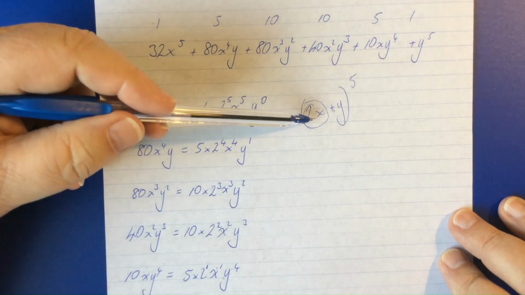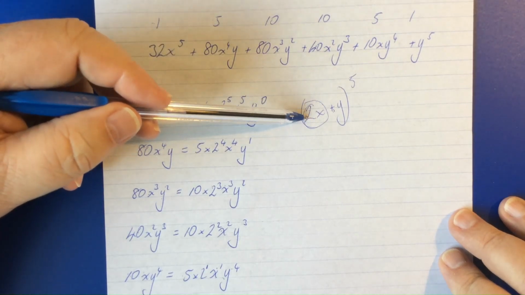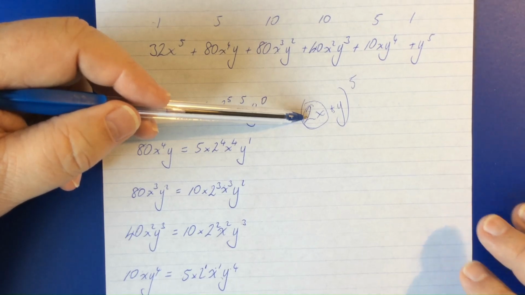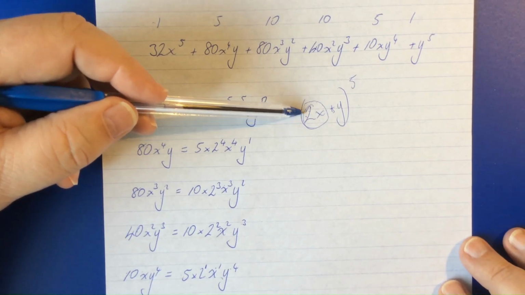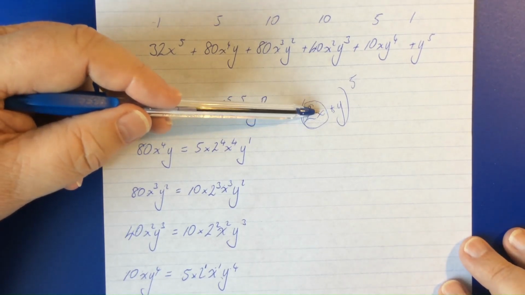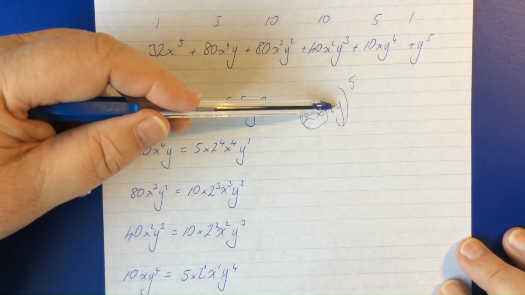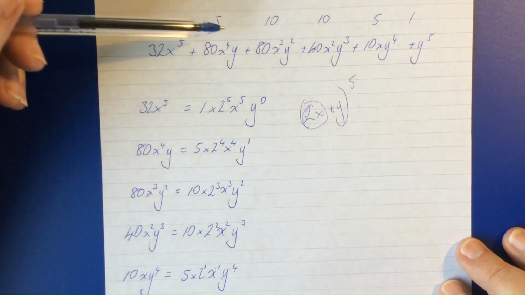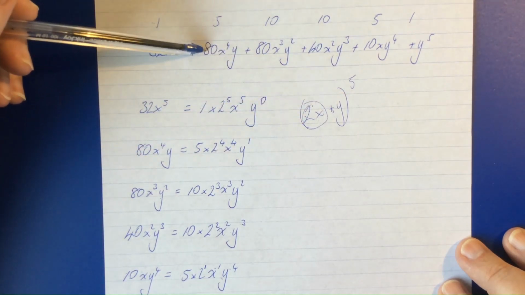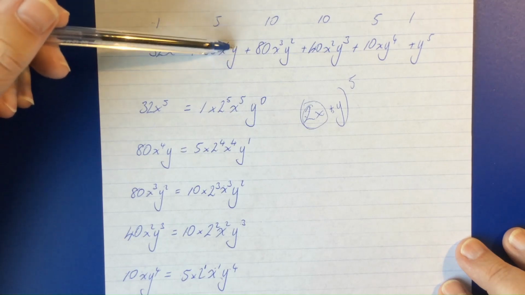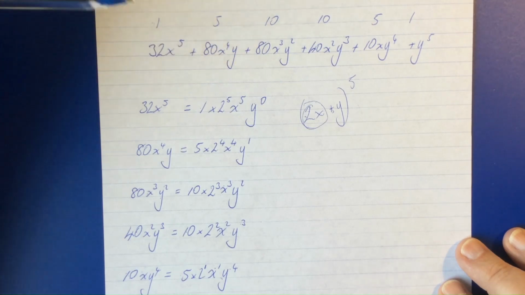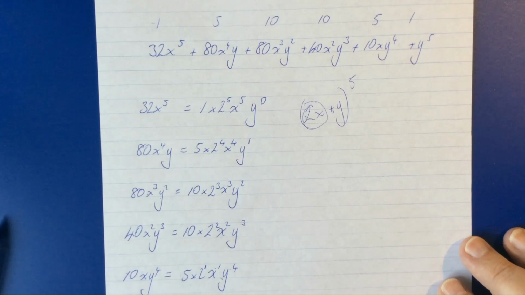Second expression, 2 to the power of 4. 2 to the power of 4 is 16. x to the power of 4. y to the power of 1 multiplied by 5, which gives us 80 x to the 4, y to the 1, and so forth and so on. I hope this has been helpful.